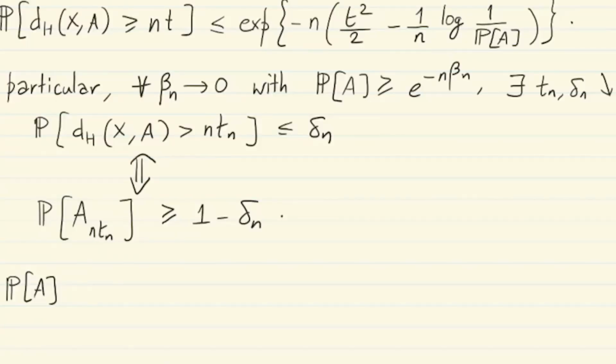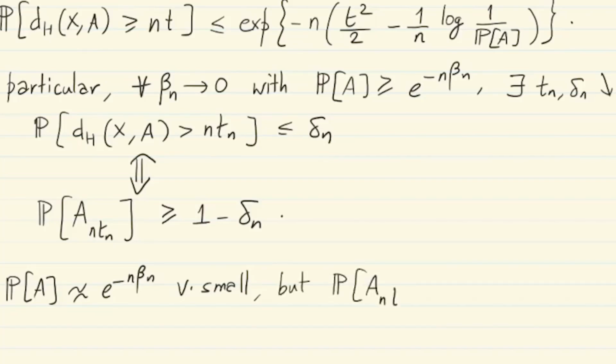So P of A is about e to the minus n beta n, which is very small. A can have a very small probability, but the probability of A enlarged by n Tn is suddenly extremely large. It's very close to 1.